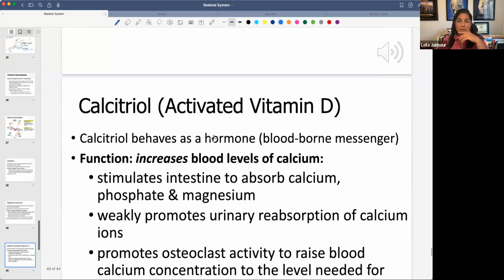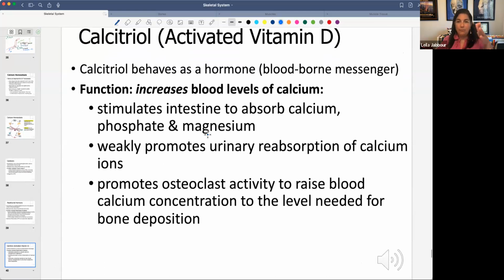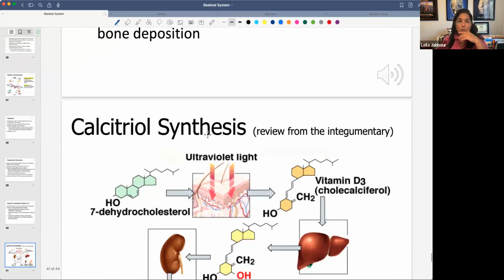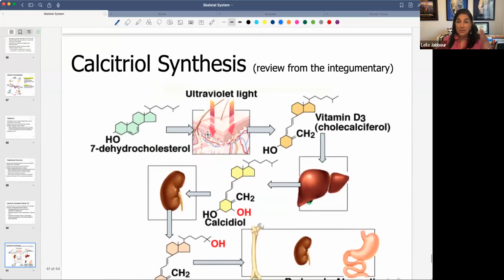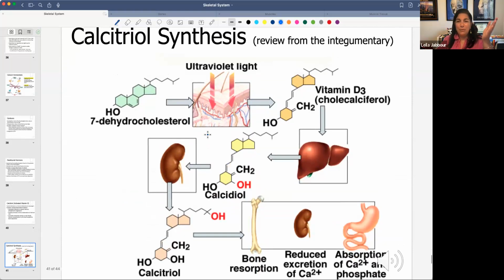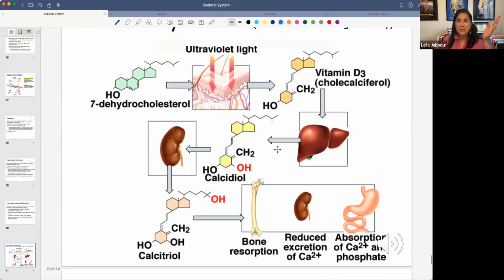Okay, and this is a slide about vitamin D. So you can read about vitamin D. Calcitriol is the other name for vitamin D. Its synthesis starts in the skin. This is something we talked about when we covered the integumentary system. I don't really require the memorization of the intermediary molecule names.